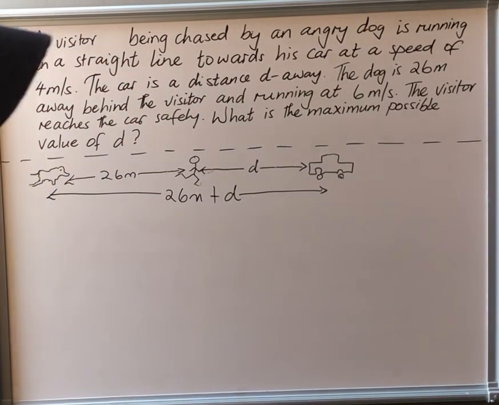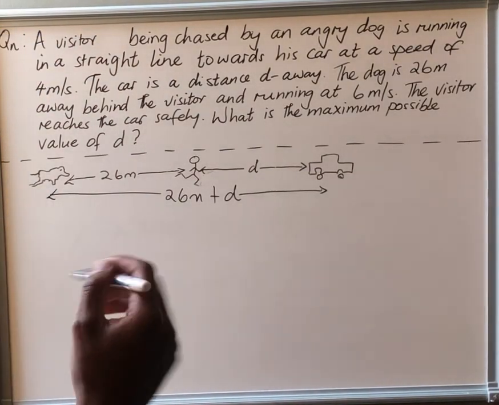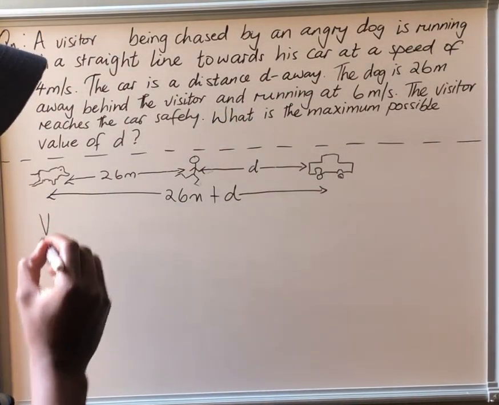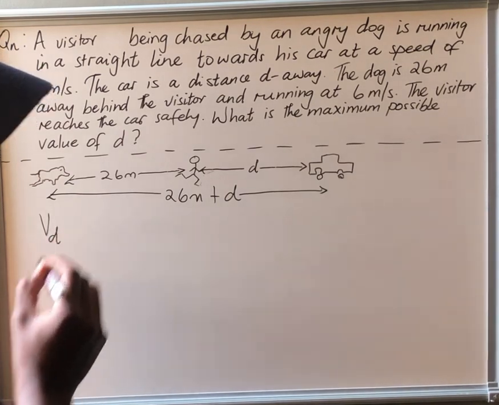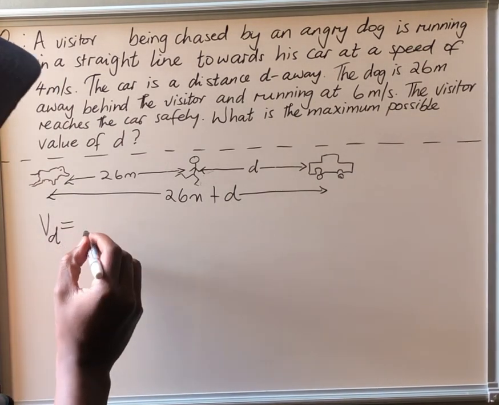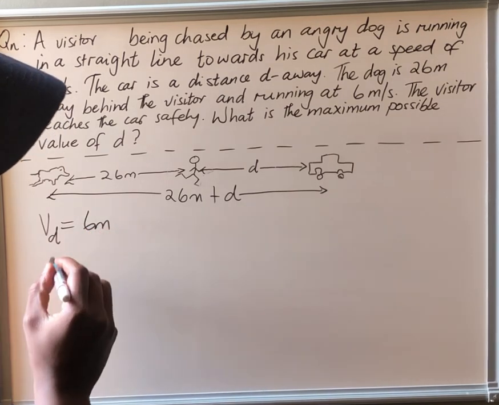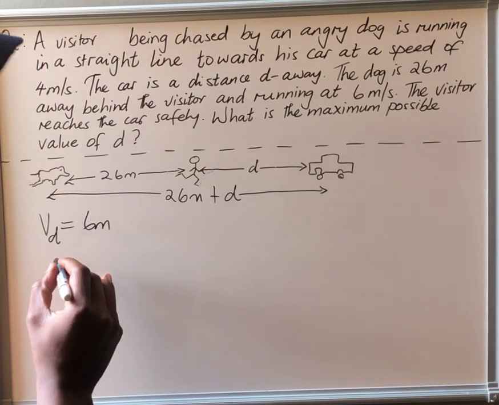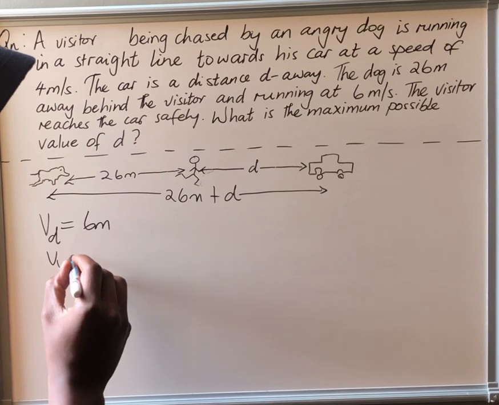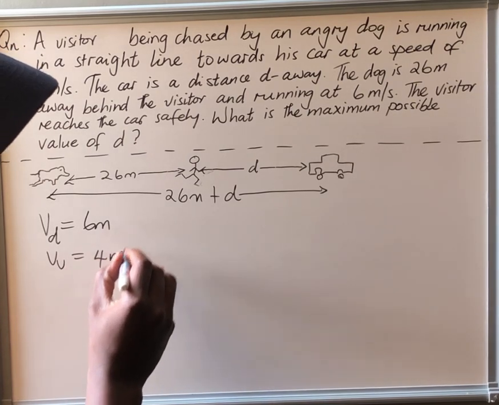Since we are given the velocity of the dog, I'm going to write vd for the dog, and it's 6 meters per second. And v for the visitor is given as 4 meters per second.